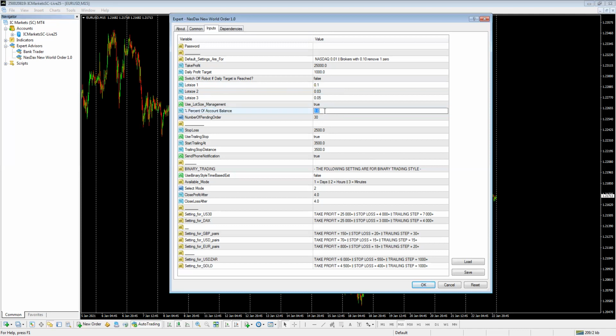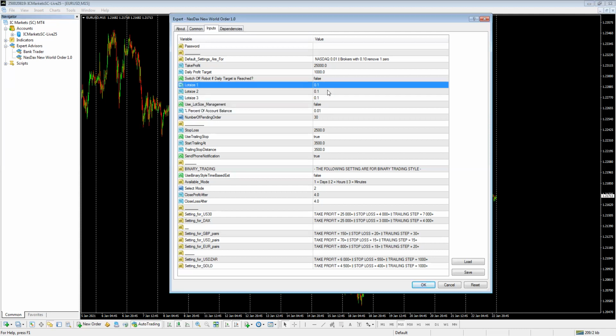But if you say, I prefer to select my own lot size and the robot should use what I select, then you can set lot size management to false and set your own lot size. If you want to use 0.10, this is what the robot will use.